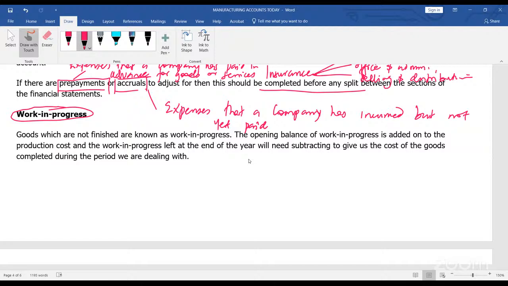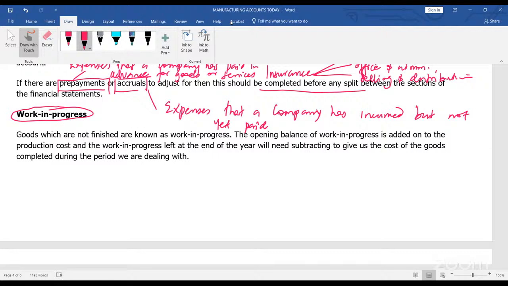Now, what we are going to do, I'm going to take you to a question. I've already shared this question in the group. We are going to do that number together here. So I'll be doing the manufacturing account and the statement of profit or loss. And where you have questions, please feel free to use the chat box to ask your questions. Those on YouTube, you can use the chat box down there to ask your questions about manufacturing accounts.